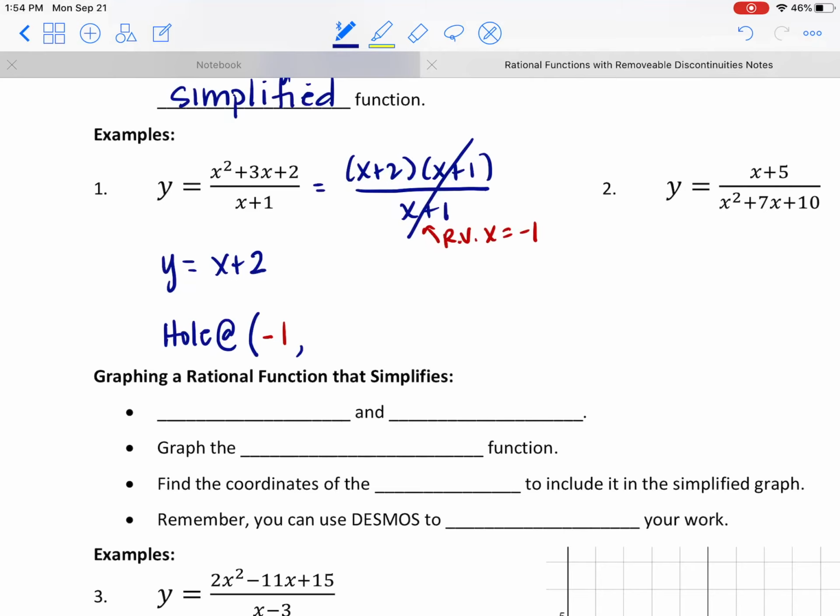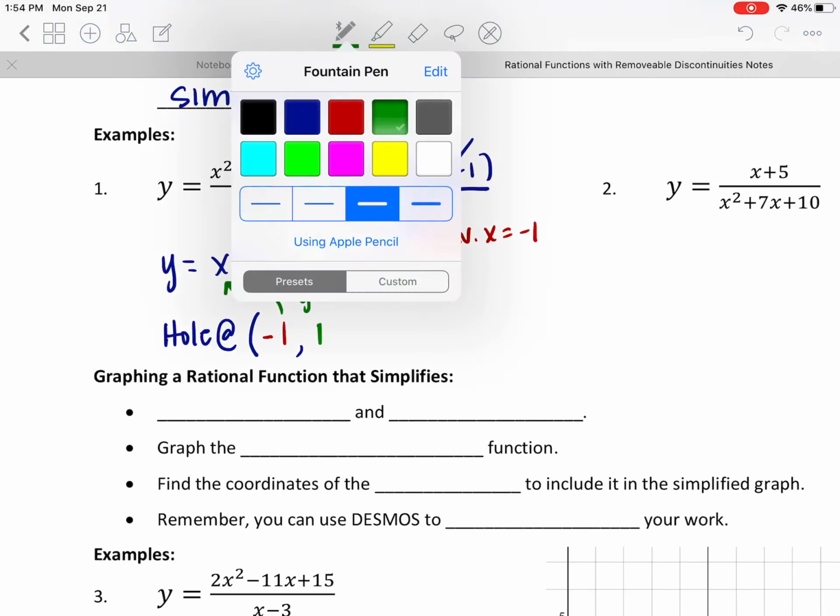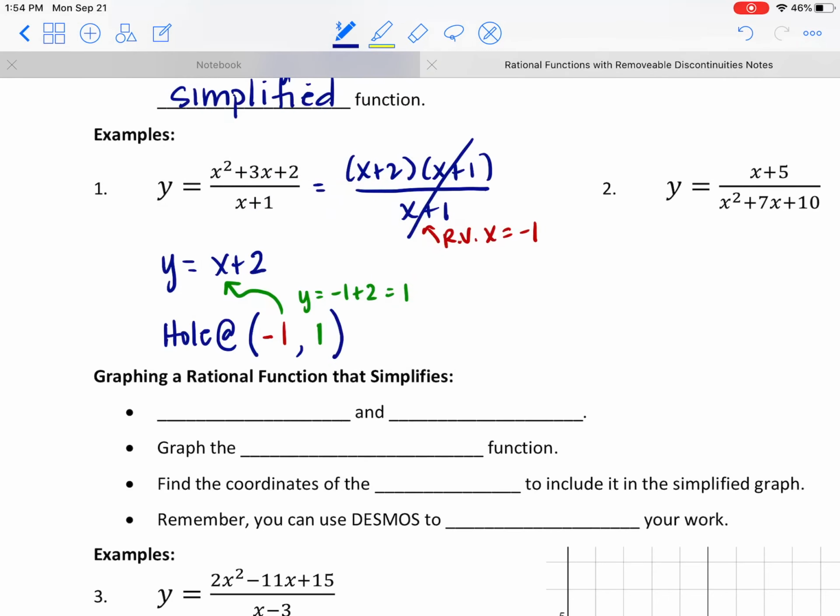Well, we got to take the -1 and plug it into our simplified function. So if I take -1 and plug it in here, then I have y equal to -1 plus 2, which makes a +1. So I have a y value of +1, and those would be the coordinates for the hole.